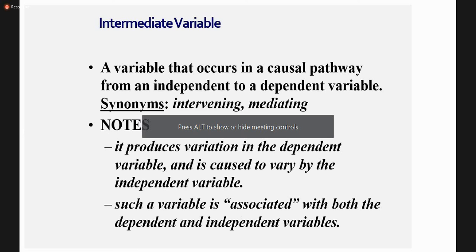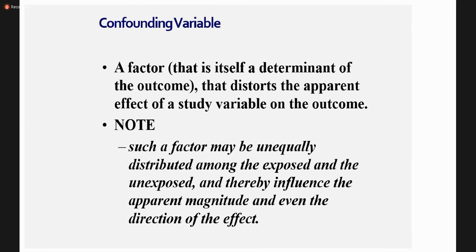The decision of whether it is an intermediate variable or a confounding variable lies on a three-pronged test, which we can discuss in another lecture on hypothesis testing. So the gist is there is a difference between the confounding and intermediate variable, and the difference is important.